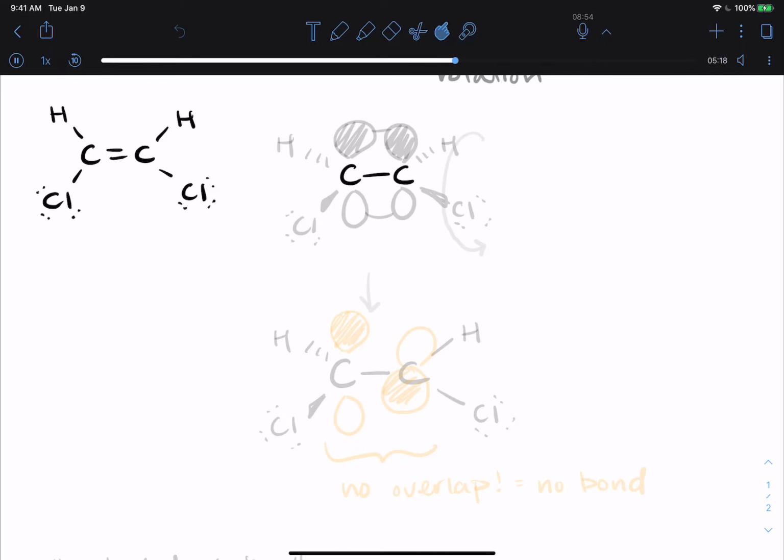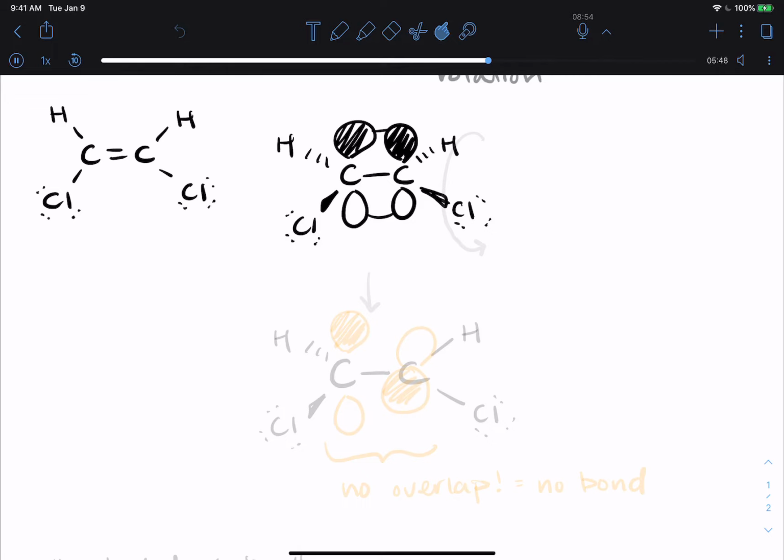All right, carbon, carbon. I'm going to rotate it this way. So hydrogen going back, Cl coming out. Hydrogen going back, Cl coming out. And this pi bond is a p orbital here and a p orbital here. I'm going to draw the lines because I didn't draw my atoms close enough together to show them attached.